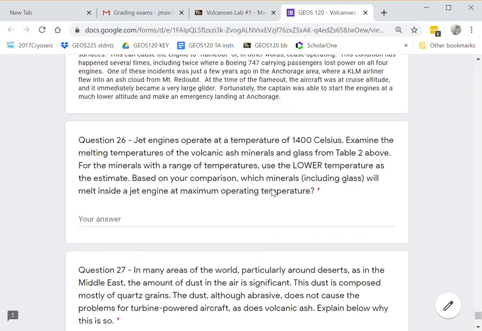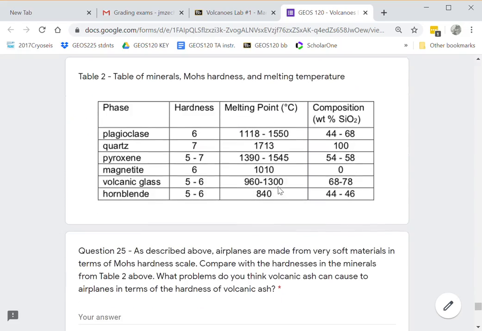And then one of the questions asks about what happens to the ash when it goes through a jet engine and what it does to the outside of a plane. So you have all these minerals that are in the ash, and it tells you the hardness of the mineral and the melting point. This hardness is quantified using the Mohs hardness scale.